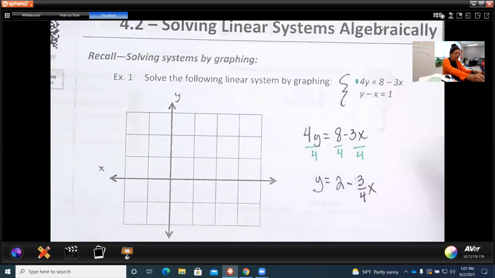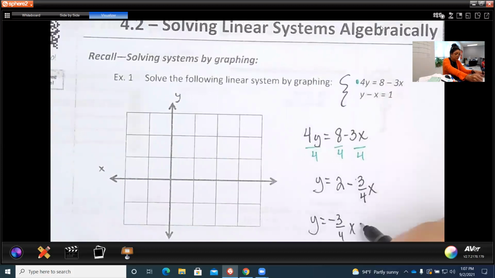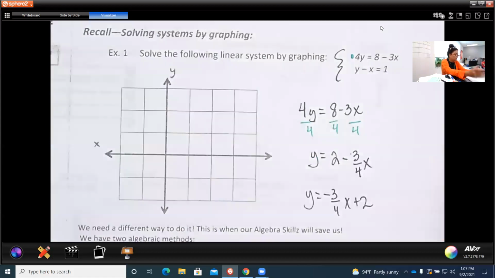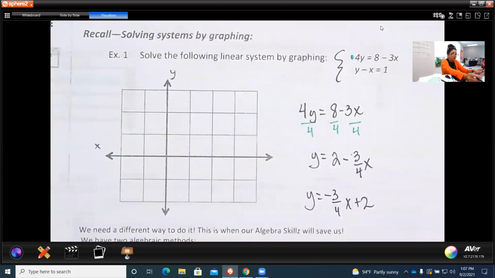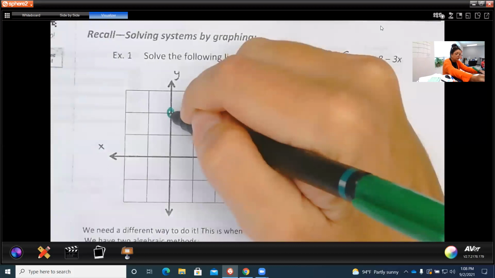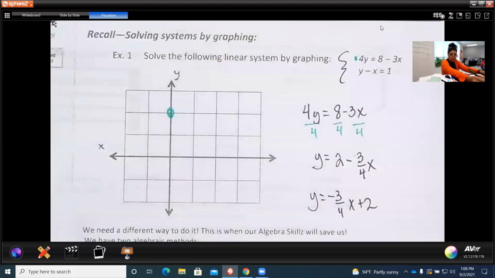Now, is that the same thing as y equals negative 3/4 x plus 2? Are those the same thing? Yeah, okay. It's just rearranged a little. So what's my y-intercept? 2. So on the y-axis, we go up to positive 2. And my slope is negative 3/4. So if I go up 3, left 4, but that's not on my graph, so I'd be estimating, correct?